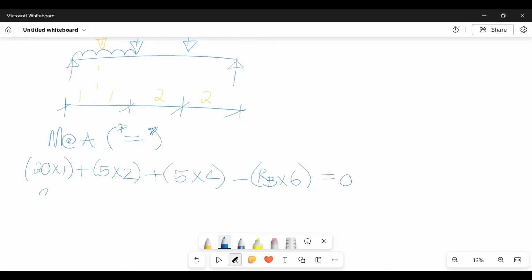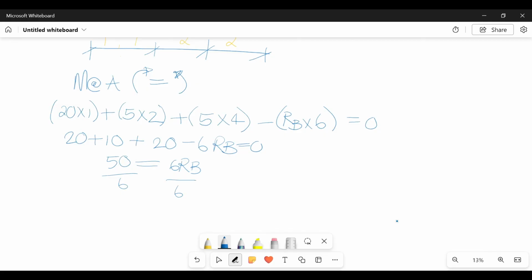Then we had 20 plus 10 plus 20 minus 6 RB equals 0. 20 plus 10 plus 20 is 50. So 50 equals 6 RB, and RB is equal to 8.333 kilonewtons.